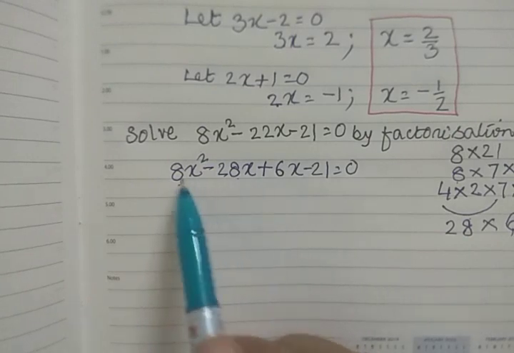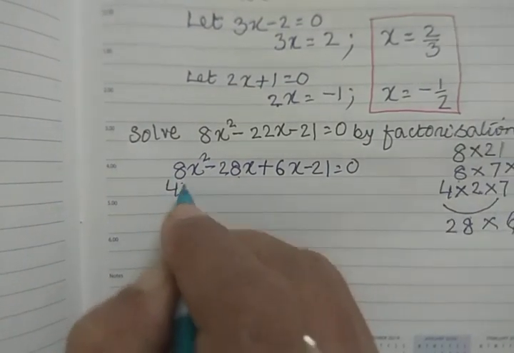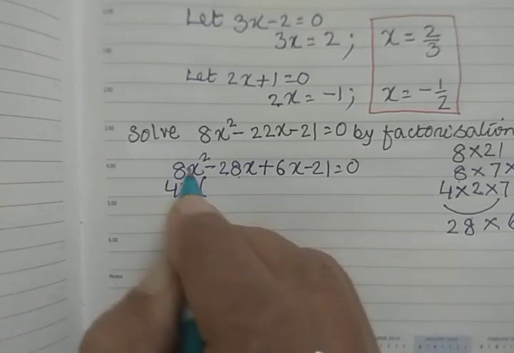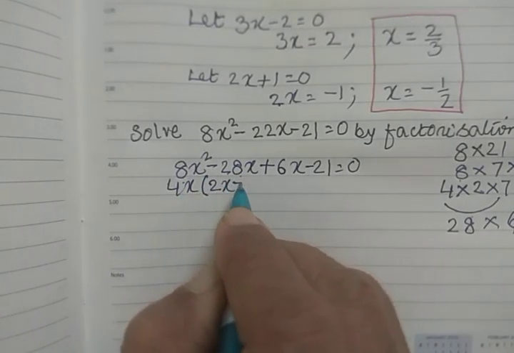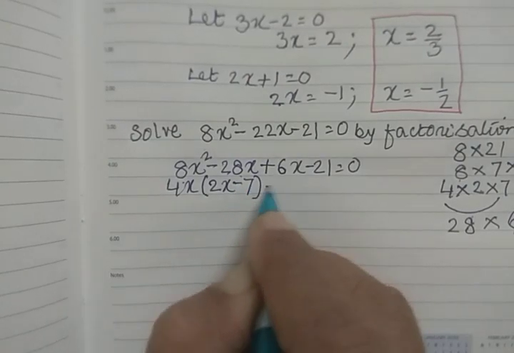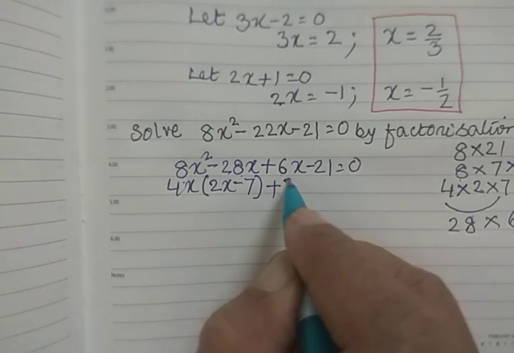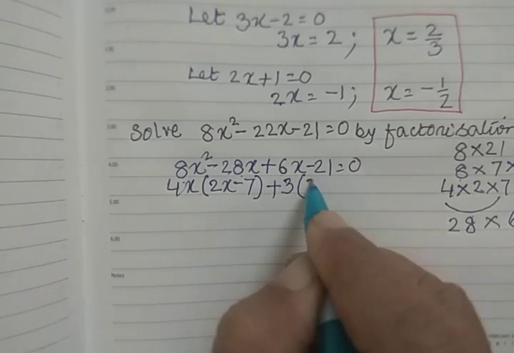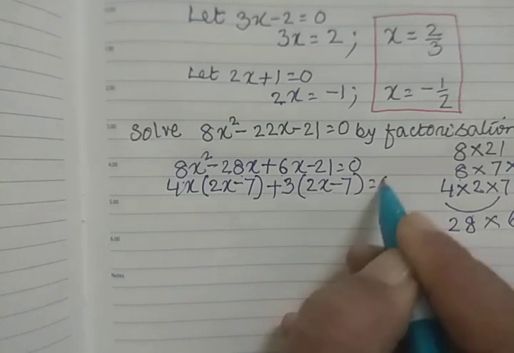And from these two you have 4x common. Let us take it, so 2x minus 7. And from these two you take 3 common, 2x minus 7 is equal to 0.